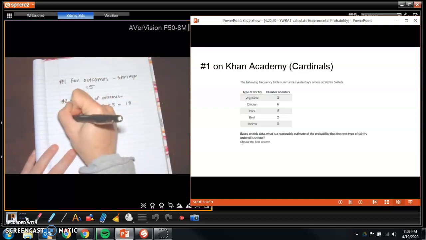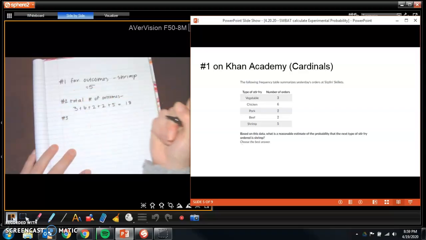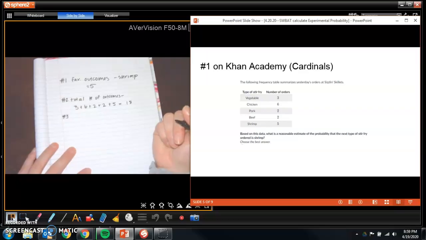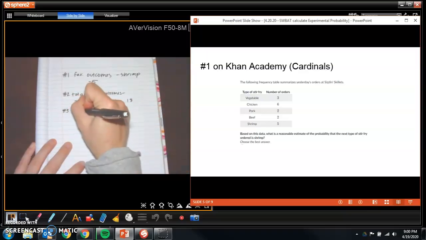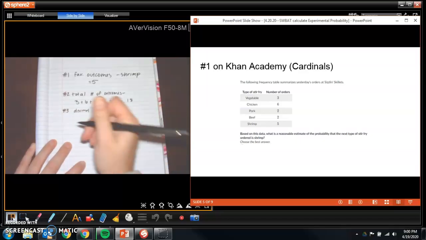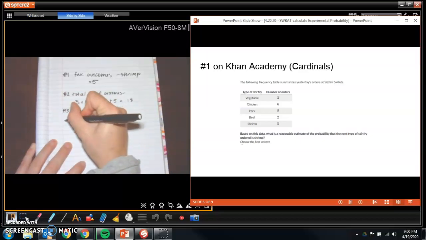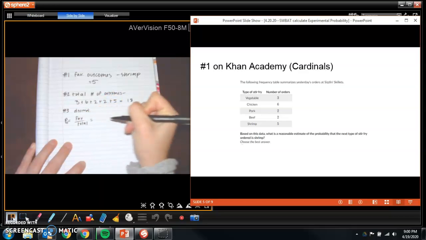All right, moving on to criteria for success number 3. Criteria for success number 3 says to set up my ratio, my decimal, my fraction, or my percent. So I can see that the end goal is decimal because all of my answer choices are in decimal form. So setting up my probability, I remember experimental is equal to favorable over total outcomes.